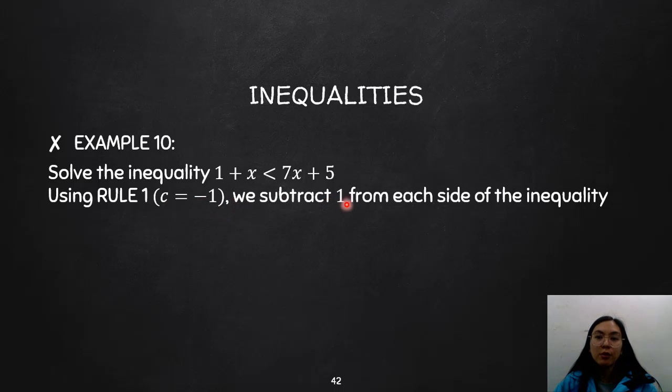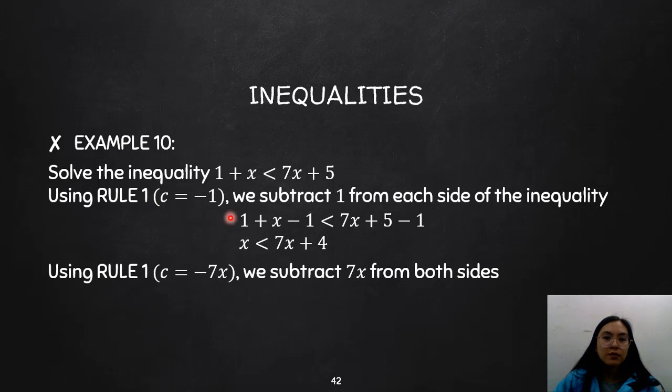So, we subtract 1 from each side of the inequality. So, as follows. Di ba makikita mo dyan, 1 plus x minus 1 is less than 7x plus 5 minus 1. Siyempre, whatever you do to the left side, you have to do it on the right side as well. And if we further simplify, x is less than 7x plus 4.